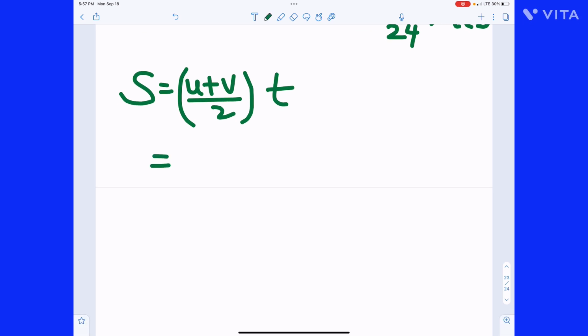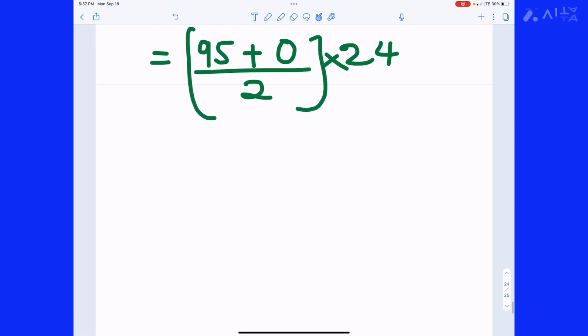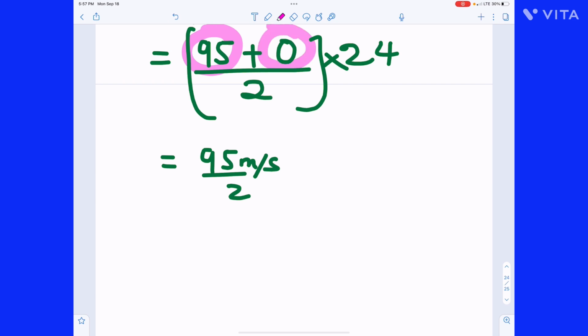So S will be 95 plus 0 over 2 times 24. So put everything together. 95 meters per second over 2. This is my initial velocity, this is the final. You understand? So that's 95 over 2 meters per second times time 24 seconds.